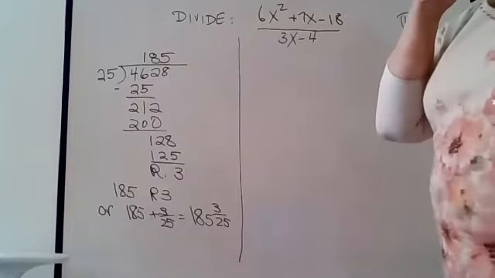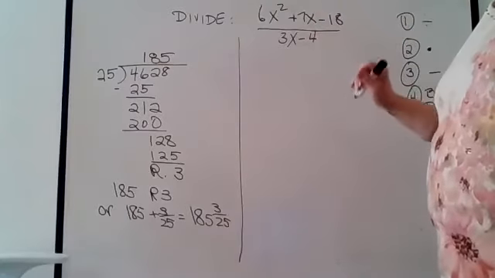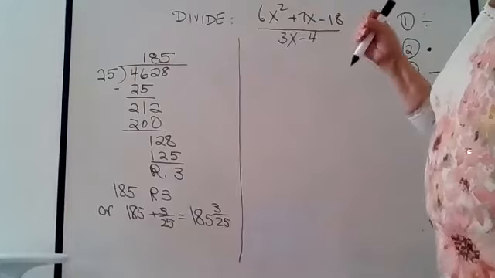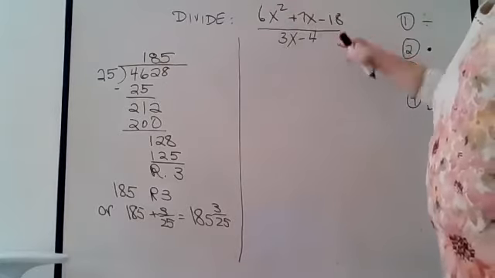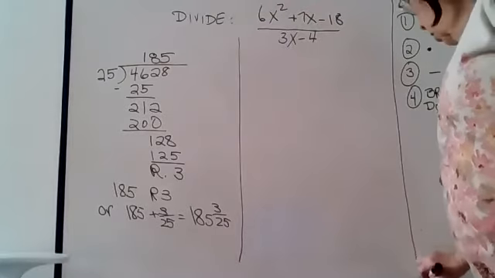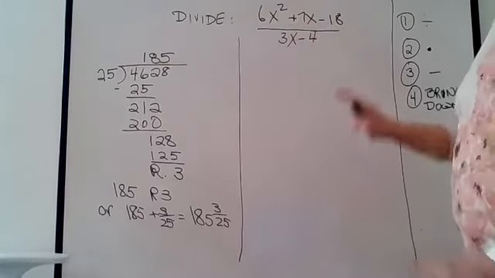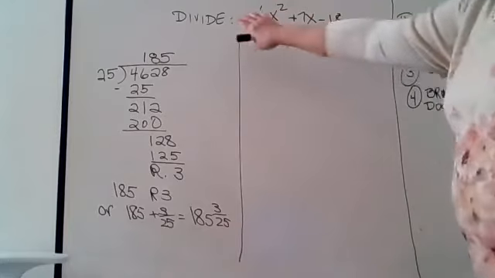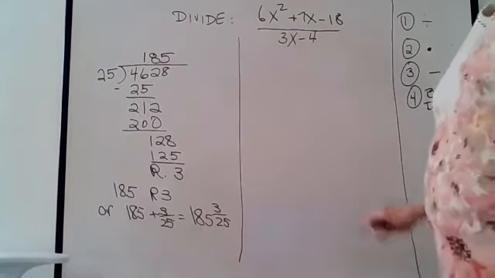Whenever I have that situation where I'm dividing a polynomial by a polynomial, I have to set it up like a long division. I can't separate it like we did the polynomial over the monomial. This has to be done by long division by these steps that we just talked about.